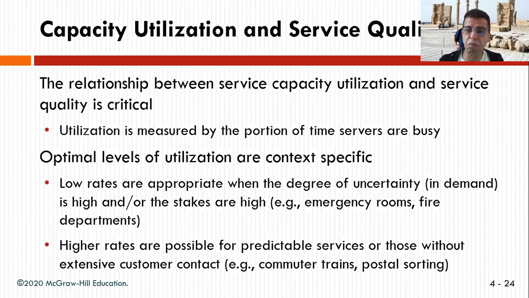If the service is stable, like cleaning or postal services, then you probably want to run at 90% of the individual capacity, or 80%, or very high. But in the hospital where there are emergencies, or the fire department, you don't want them running at full capacity because you need them to respond to emergencies.